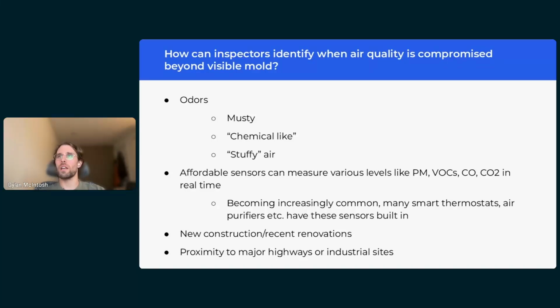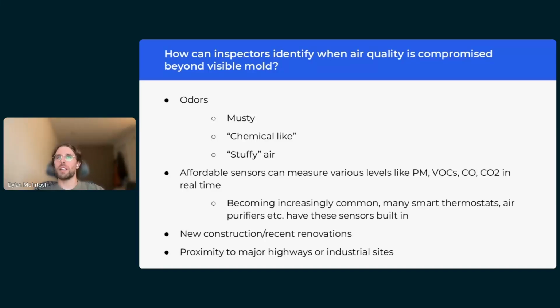So it's not always a perfect indicator, but odors can be an indicator of a number of air quality issues. So musty odors, earthy, damp, that type of description, that may be an indication of some sort of microbial problem or some sort of water problem that you may want to consider assessing or recommending assessing for.